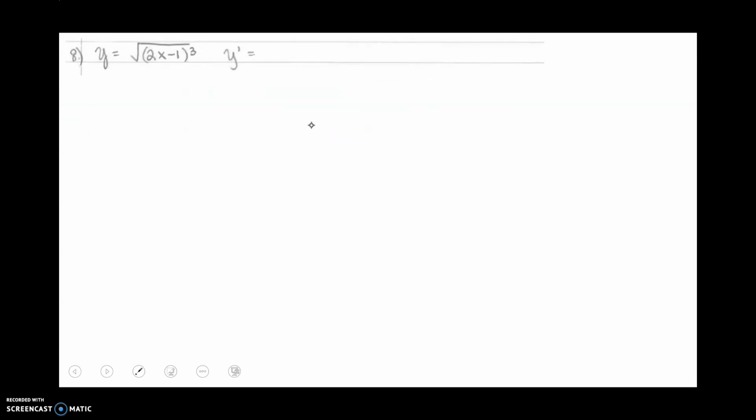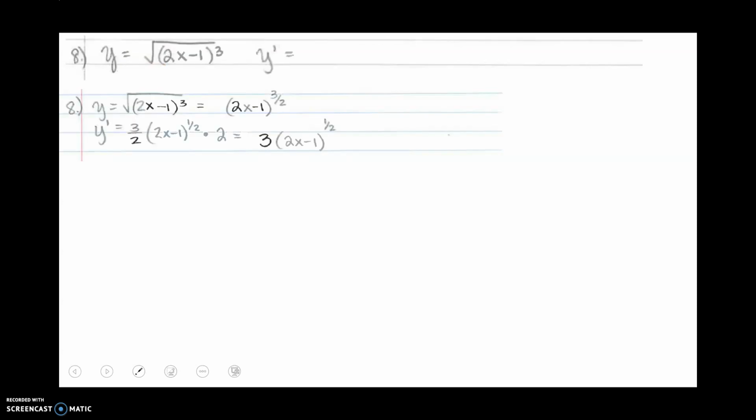Alright, then for number 8, we need to find a way to rewrite this with an exponent. Remember that when you have a radical, you can write that with a rational exponent, where your exponent is your numerator and your index is your denominator. Your index tells you if it's a square root or a 4th root or a cube root. So for this, my exponent would be 3 over 2.